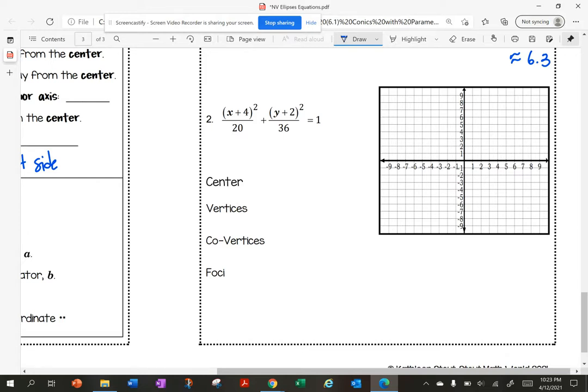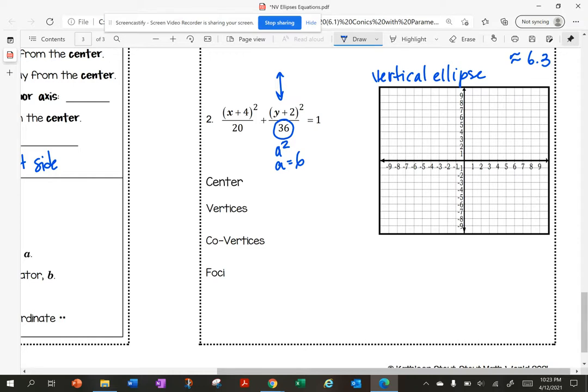Okay, for my equation, my larger denominator is under y. So that tells me I have a vertical ellipse. Okay, so I know A squared is 36, so A is 6.